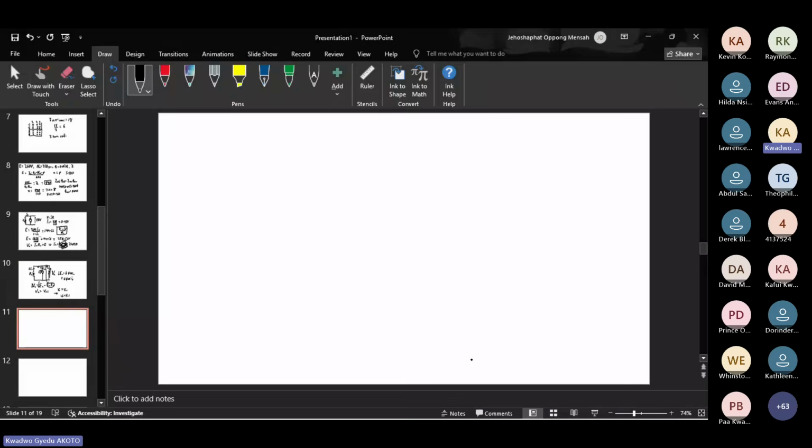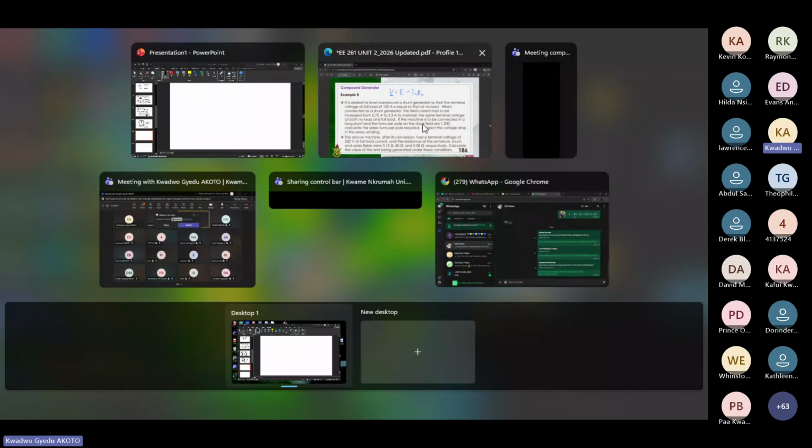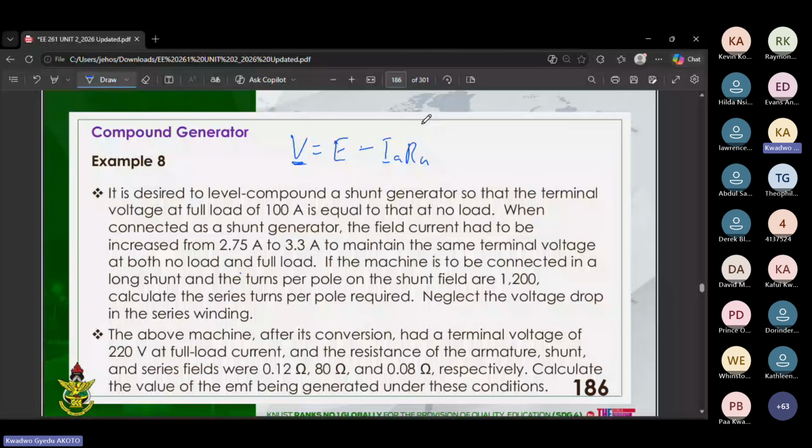Okay, so now let me go back to the question. It is desired to level compound a shunt generator, so that the terminal voltage at full load will be equal to that at no load, because you want the terminal voltage to be used at the generation site.